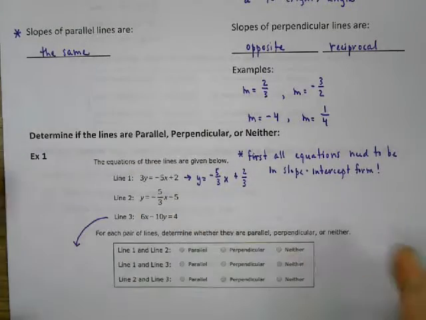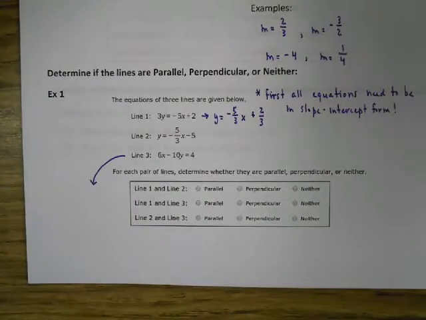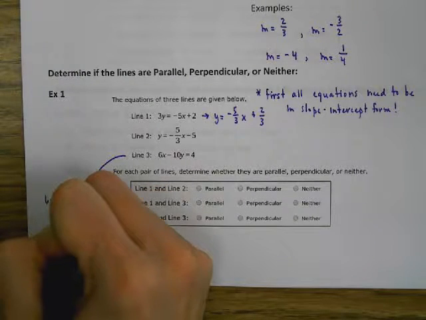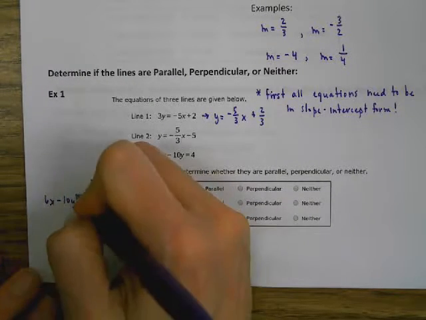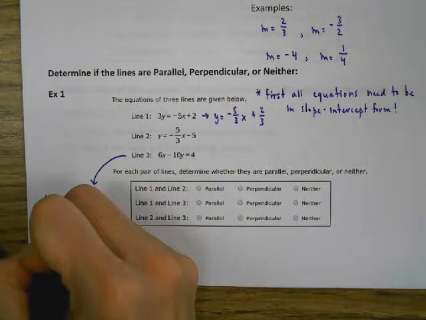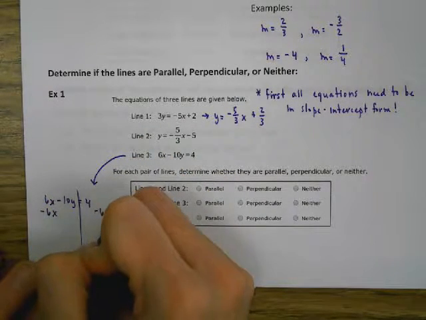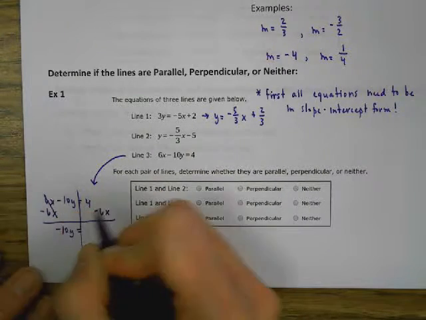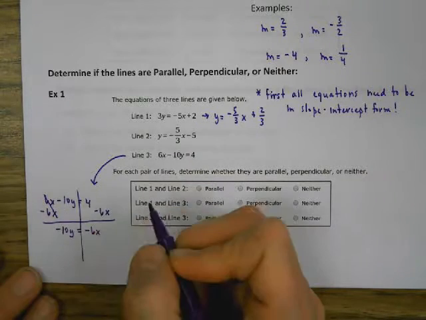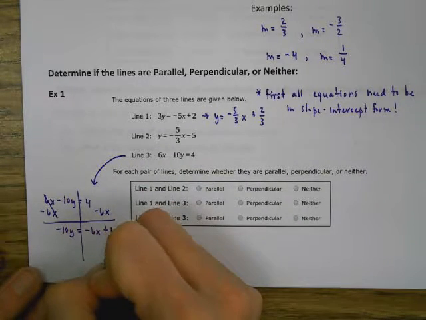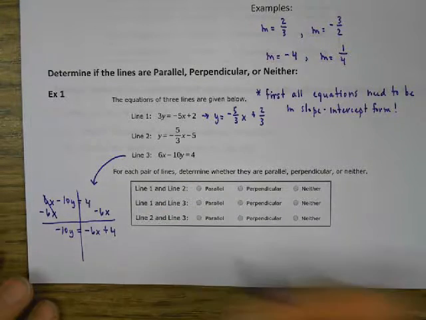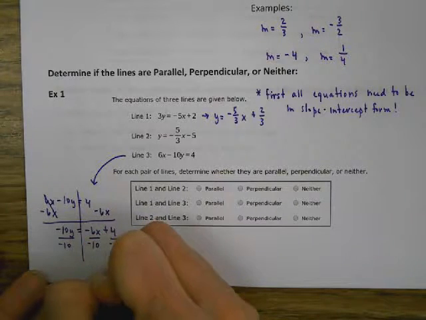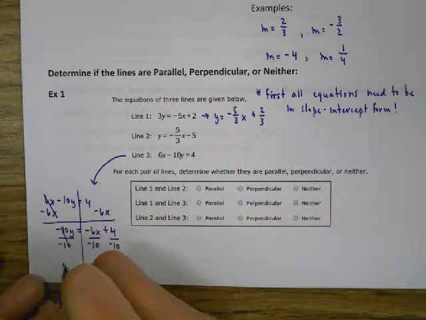So I'm going to use this space down here. Let me move the paper up. And so let's get this in slope-intercept form. So I'm going to copy this down: 6x minus 10y equals 4. And we need to get that y by itself. So first I'm going to move over this 6x. So I have -10y equals -6x plus 4. I'm going to divide by -10, and so I get y by itself.